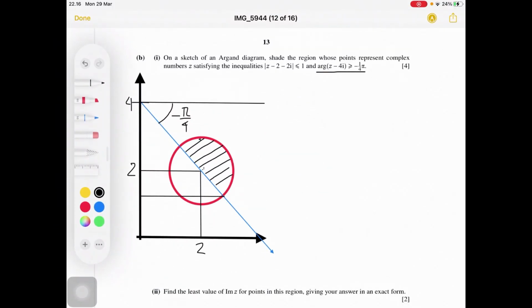For the second part of this question, we have to find the least value of imaginary z for points in this region. It is obvious that the point with the smallest value of y is this point.